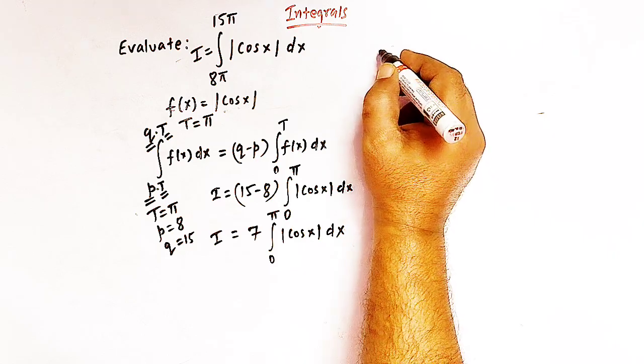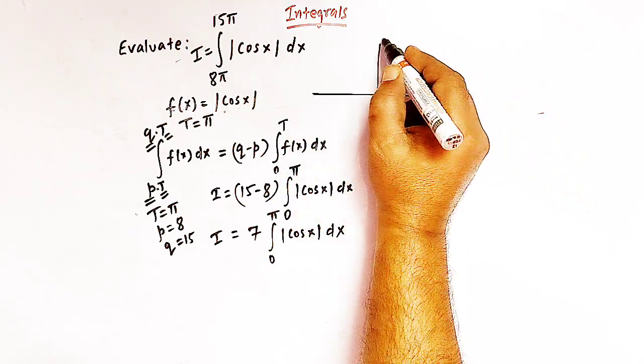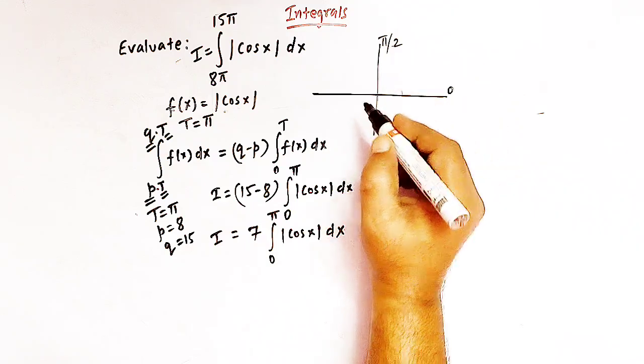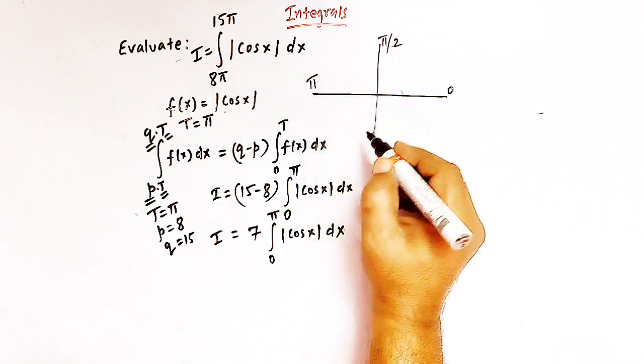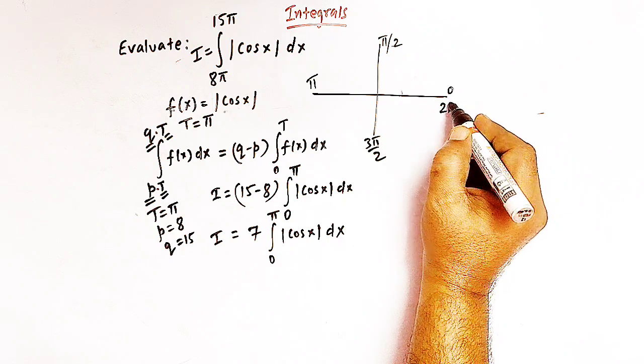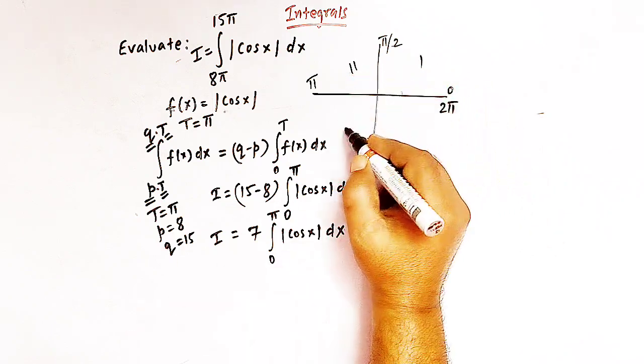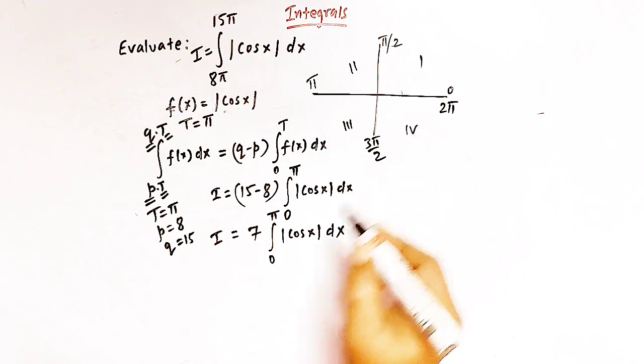Now see, if we have the four quadrants, here we have 0, here we have pi by 2, and then we have pi, this is 3 pi by 2, and here we have 2 pi. So this is the first quadrant, this is second, this is third, and this is fourth.